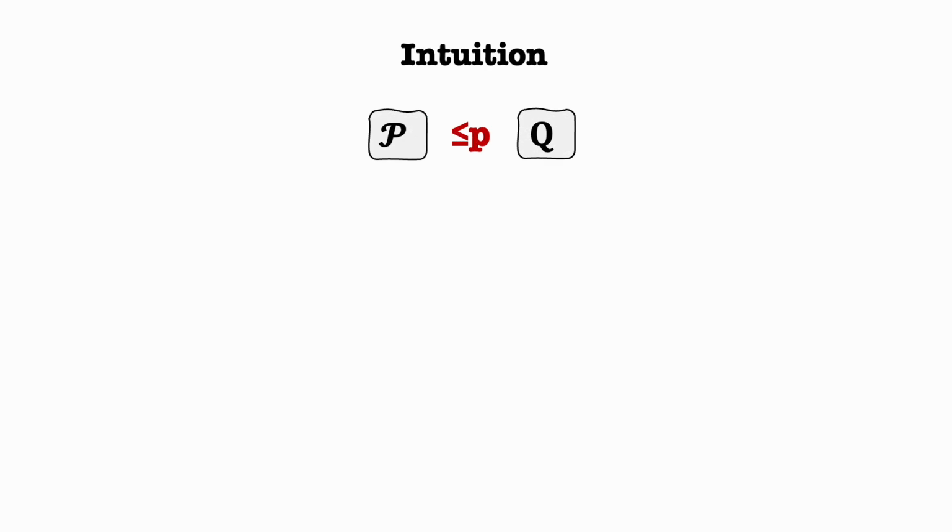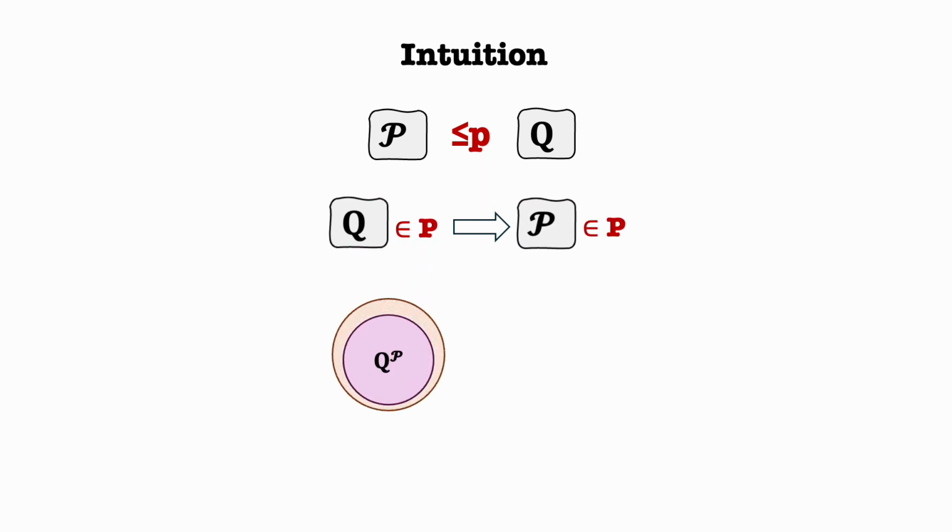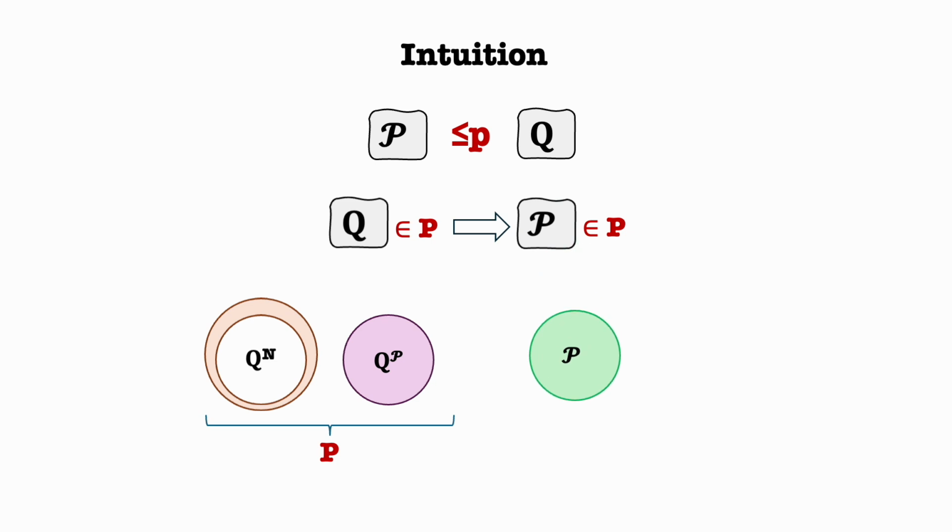Next, let's look at the third property. If Q belongs to class P, then P belongs to class P. Since we can solve all instances of problem Q in polynomial time and we can transform each instance of P into an instance of Q, it means we can also solve problem P in polynomial time. We simply take an instance of P, reduce it to Q using the reduction function, and then apply the polynomial time algorithm for Q to get the answer.